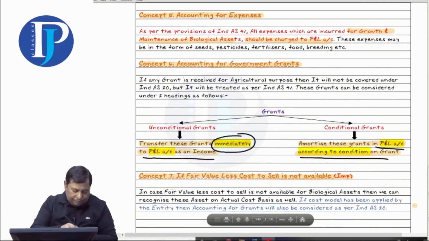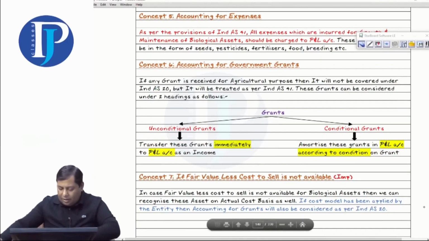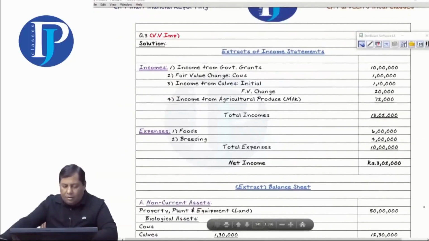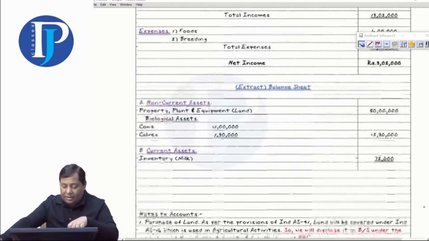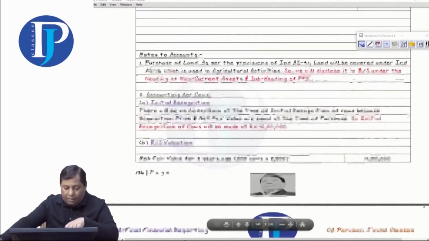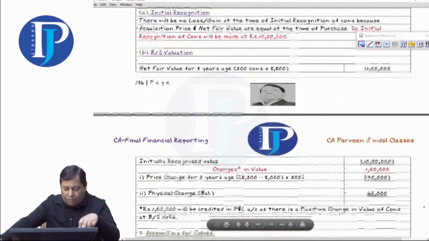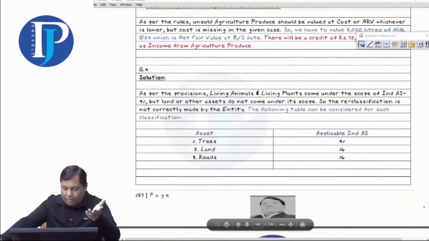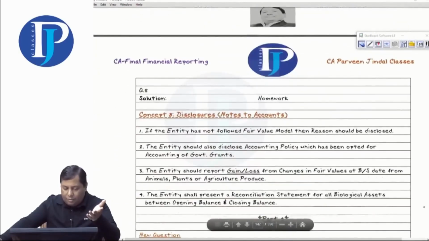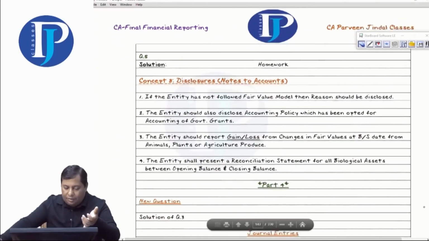Then what did I do? After this, extracts of the third question were shown. How does the income statement and balance sheet look like? It contains all the accounting notes. It was a great question. I made you do the 4th question. Then question number 5 was given as homework.